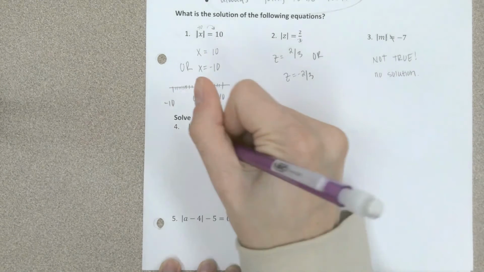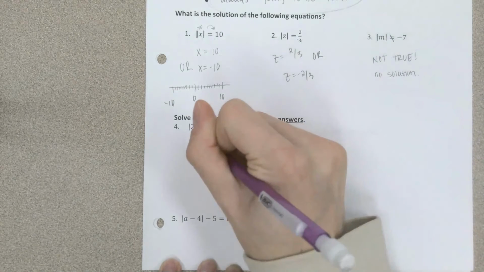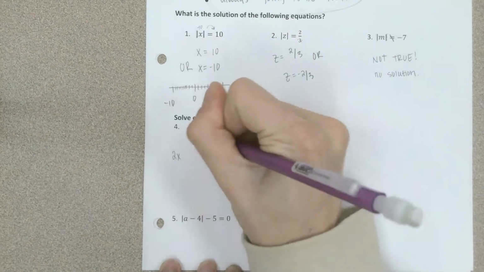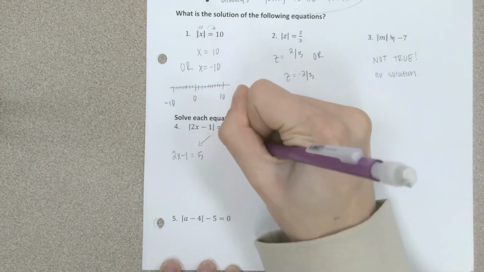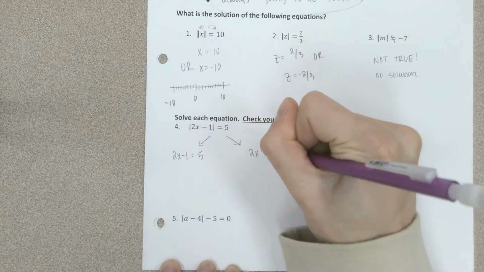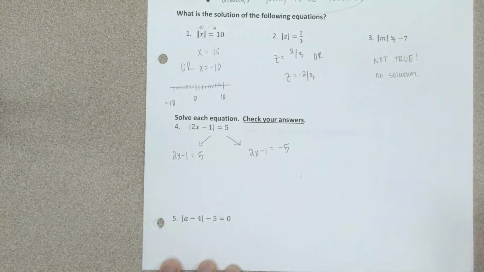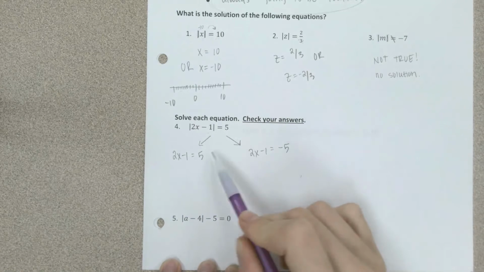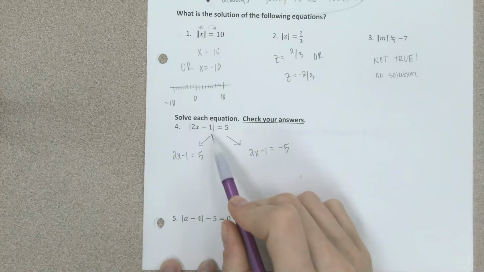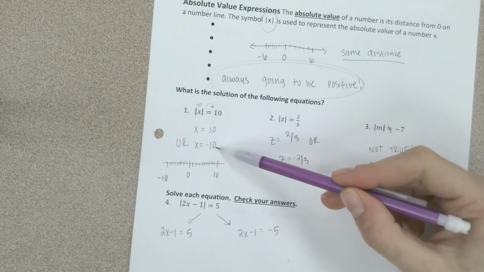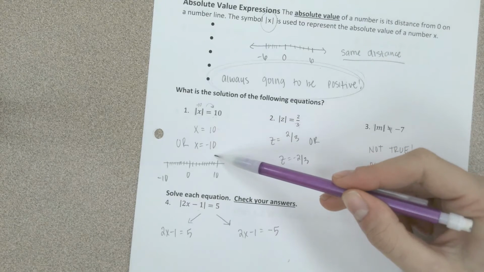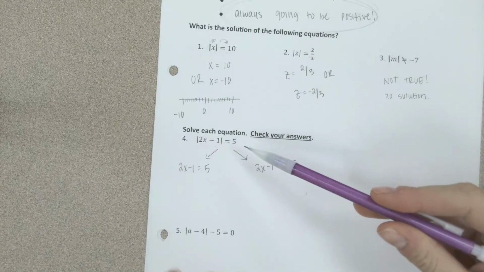So we can have two cases. We can have 2x minus 1 equaling 5, right? Or we can have 2x minus 1 equaling -5. They're the same distance from 0. The absolute value can equal a negative or a positive number. It just has to yield a positive in the end.